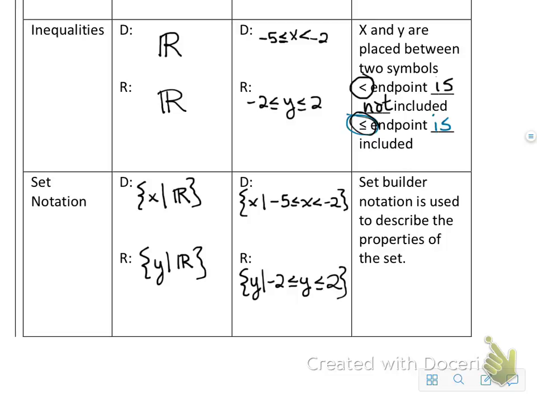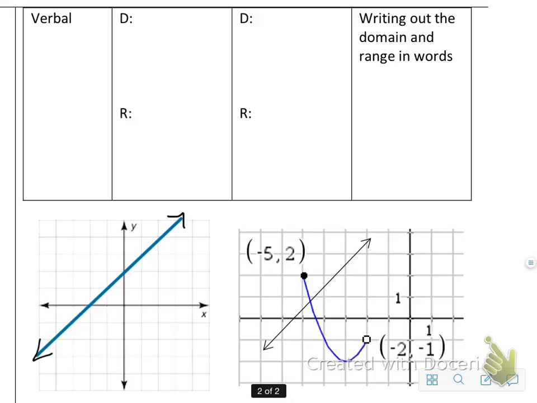Now, we have one more thing we have to know how to do, and that's discuss things verbally. Okay, with words. You have to be able to write, one, in complete sentences, despite the fact that you're in math class. No groaning. And two, you need to be able to write things in words and explain things aloud, so you have to know how to say things, including domain and range.